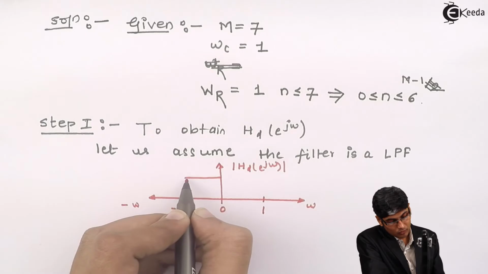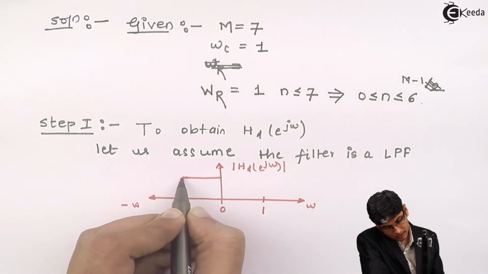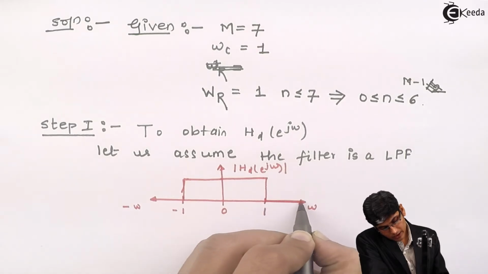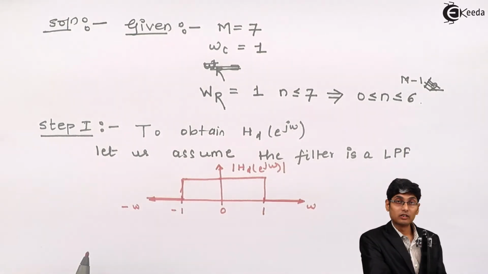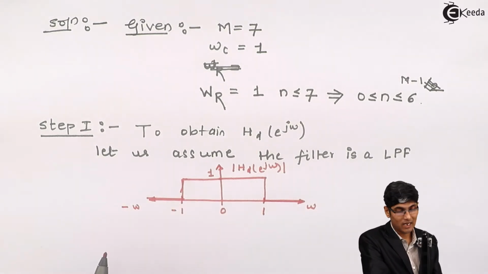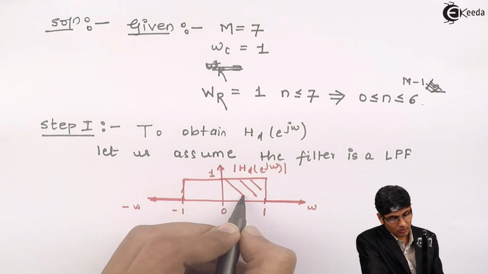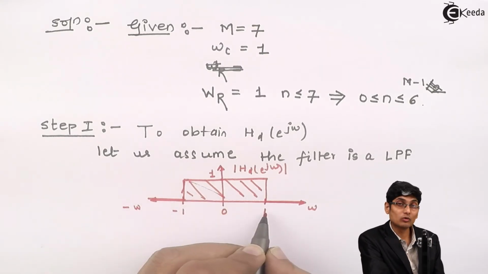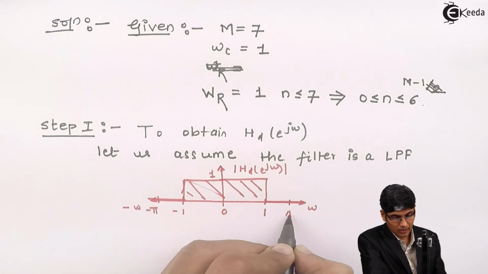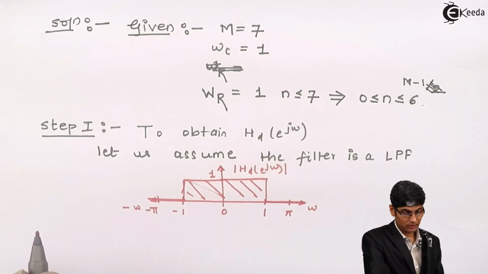So I will have to pass all the frequencies till this cutoff, and I need to reject the rest of the frequencies. So let us normalize the maxima to 1. I need to pass the frequencies from minus 1 to 1, and above that, till minus pi and here till pi, we need to reject the frequencies.